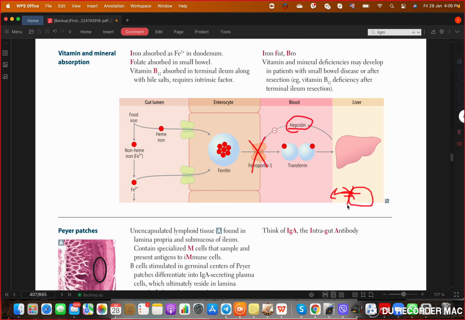So when it blocks it, it reduces the iron release. What blocks it, Doc? Hepcidin. Macrophages, I'm just giving it to you. So hepcidin is an acute phase reactant that decreases the amount of iron inside of your circulation, correct?